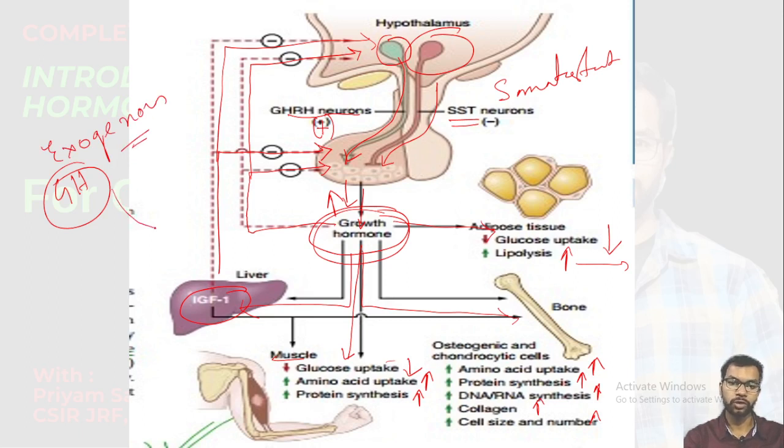When exogenous growth hormone is administered, it will increase the amount of growth hormone in our body, and our body thinks that I have enough growth hormone, so there is no need to secrete growth hormone from the anterior pituitary, and also no need to secrete growth hormone releasing hormone from the hypothalamus. So it will stop the secretion of GHRH and growth hormone when we take exogenous growth hormone. So this will act as negative feedback.